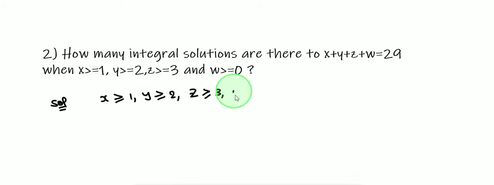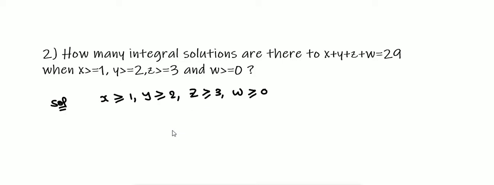That means x, y, z are not following the conditions required for non-negative integral solutions as well as positive integral solutions. So in order to apply that result, I will make all variables follow the same conditions.